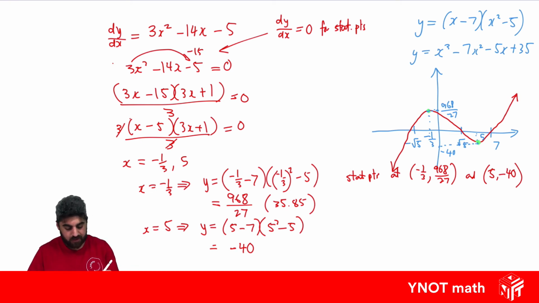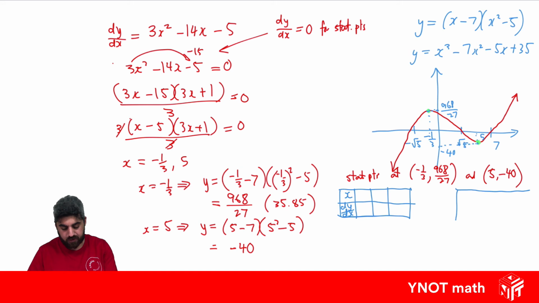And to do that, we actually make little tables. And we're going to analyze what's happening on either side of our stationary point. So we're going to make a table using the x value and the first derivative. For each of our stationary points, we need to do this. So we're looking at our x value and the first derivative.